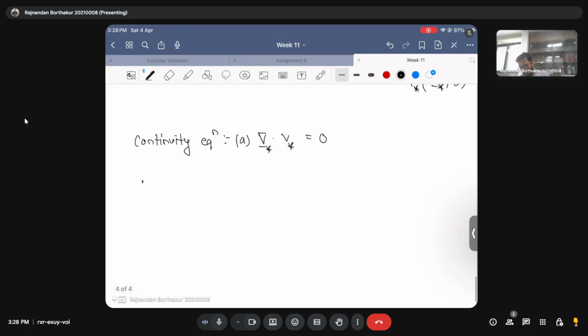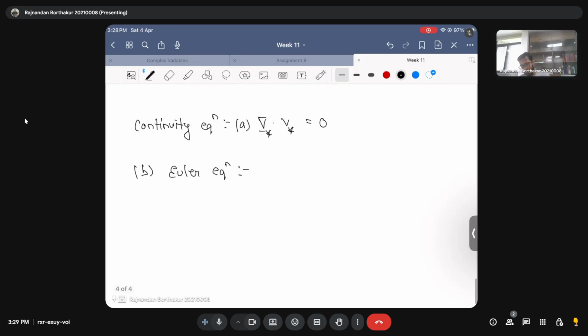The second equation, we know that since the flow is inviscid, we have the Euler equation, which is a vector equation. Remember, this v is a small v because this denotes the total variable.